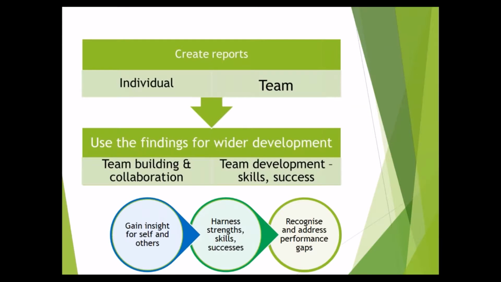So at the bottom of the page here it says what we really, really hope to do from this process. So it's not just a task or an exercise, it's a full-on process, is gain insight for ourselves and for others. So gaining insight about how other people see us, how we see ourselves, and ultimately, we might have different relationships with different people, and that's really important also to notice.